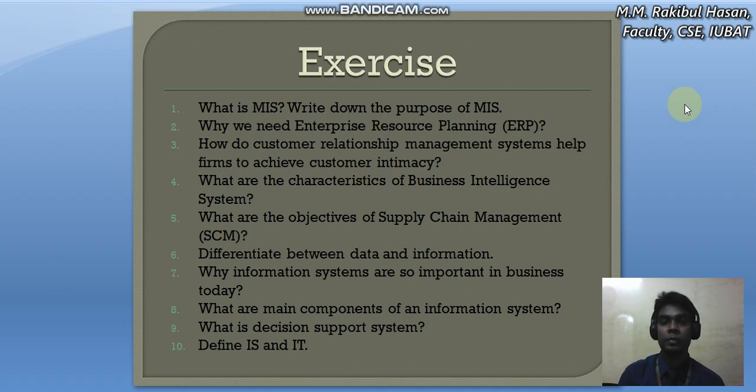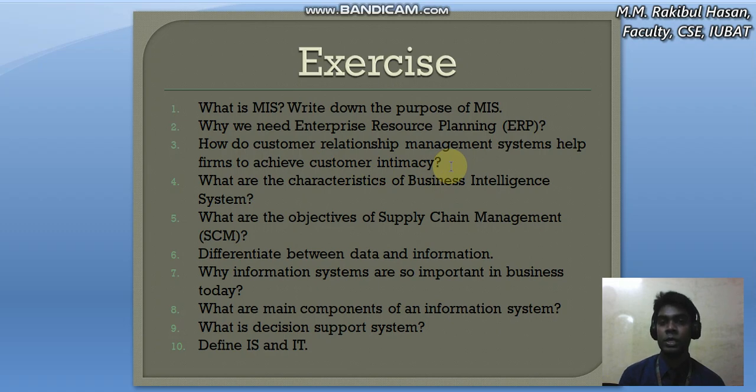In the exercise we have these questions: what is MIS, or define MIS, and write down the main purpose of MIS. The second question is why we need enterprise resource planning, or in short ERP. What is the necessity of ERP? Third question, how does a customer relationship management system help firms to achieve customer intimacy?